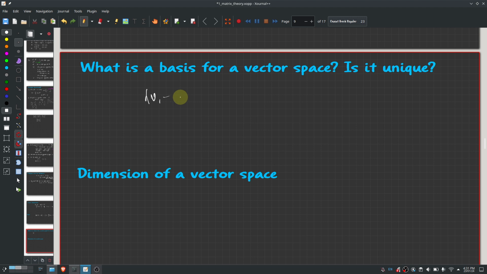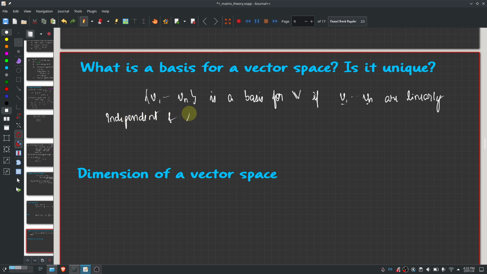So v1 through vn is a basis for some vector space if v1 through vn are linearly independent and span the set, the subspace or vector space V. Right?